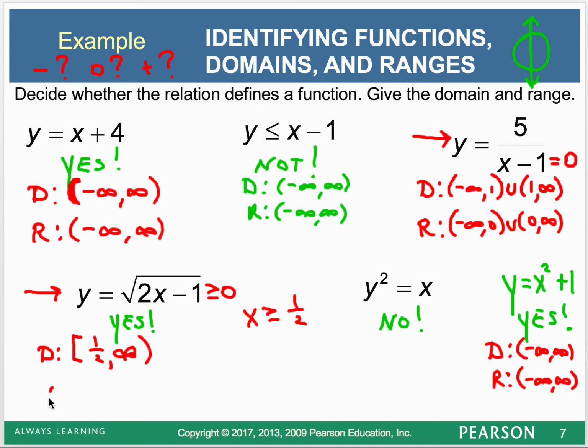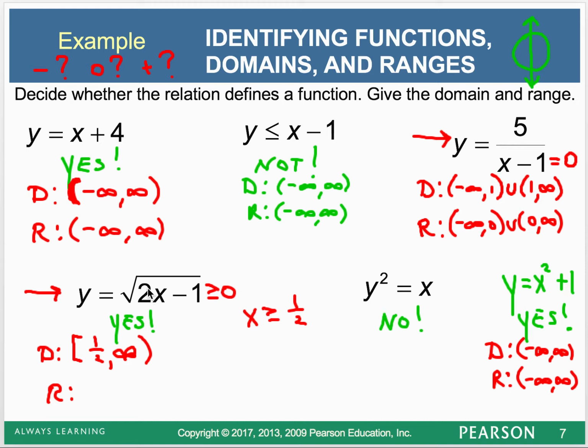Now, let's think about the range. I'm always asking myself, is it possible for the y's to be negative, for them to be 0, for them to be positive? Right? Think about the number line. That's the 3 sections. Okay, so can I take the square root of anything and get a negative number?